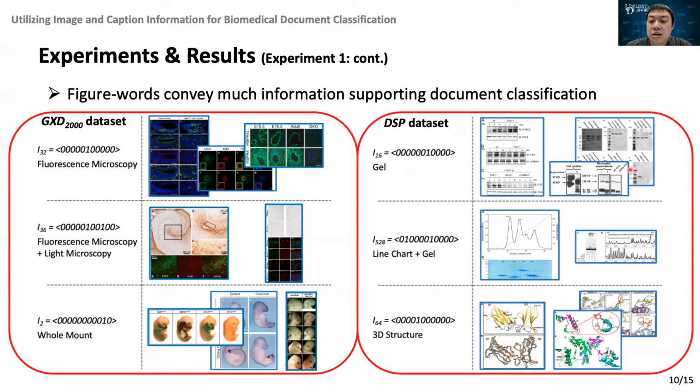Pull-down assays are commonly used in studies relevant to molecular interactions. Thus, figure words corresponding to gel images are important for document classification over the DSP dataset. As such, we believe that our figure words convey important information about the biomedical experiments and thus contribute to the document classification task.